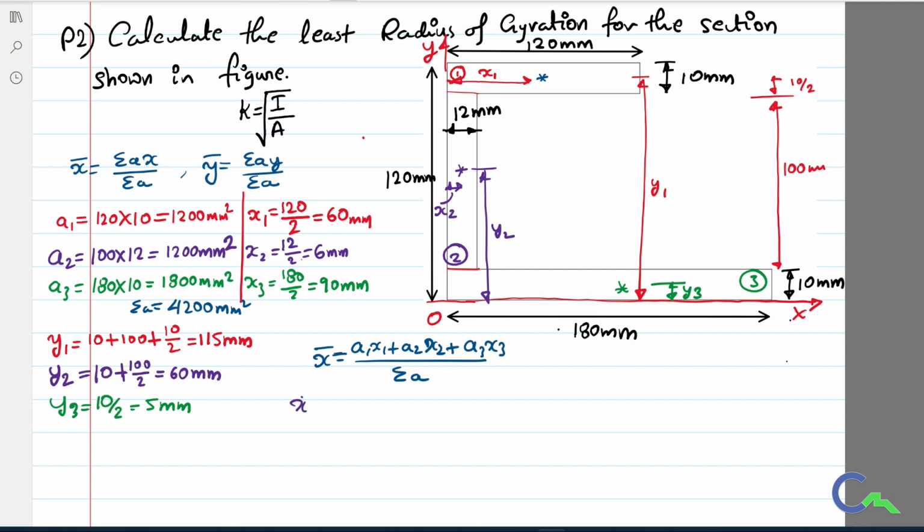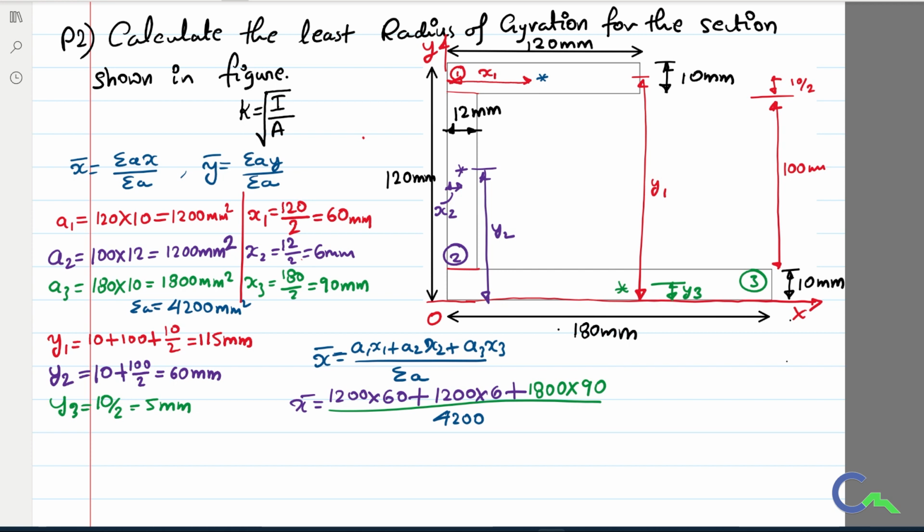Therefore I'm going to substitute all the values here. x bar is equal to a1, 1200, into x1, 60, plus a2, 1200, into x2, 6 mm, plus a3, 1800, into 90 mm, divided by the overall area, 4200 mm squared.